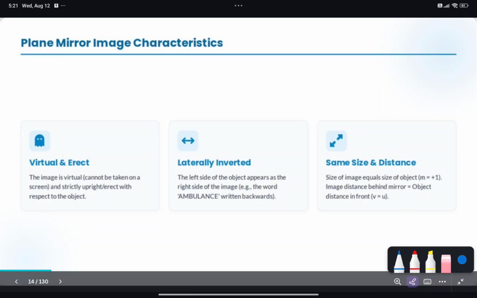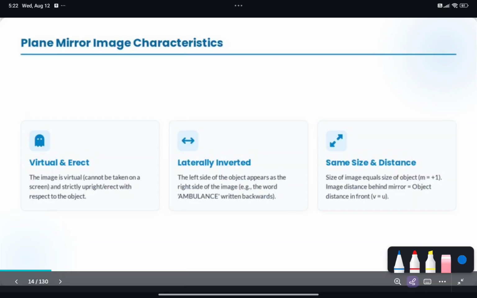In the case of the plane mirror, that is called lateral inversion. The left side of the object appears as the right side of the image. The word ambulance written backwards is an example.